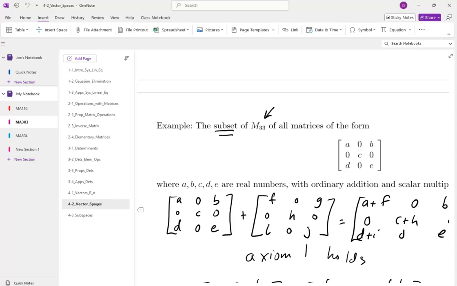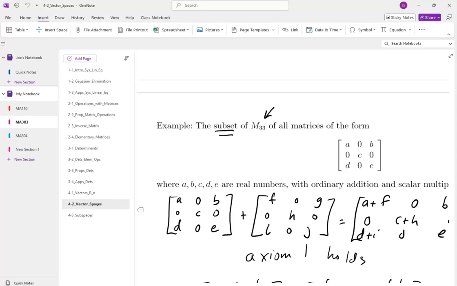And we said that basically we only need to worry about whether or not it was closed under addition and closed under scalar multiplication to check whether or not it was actually a vector space, because it already inherits all the other properties from the bigger vector space, right? We already know that we've got a nice, well-defined ordinary addition, ordinary scalar multiplication in this one, but it's already been checked that those properties behave nicely with respect to the vector space axioms.